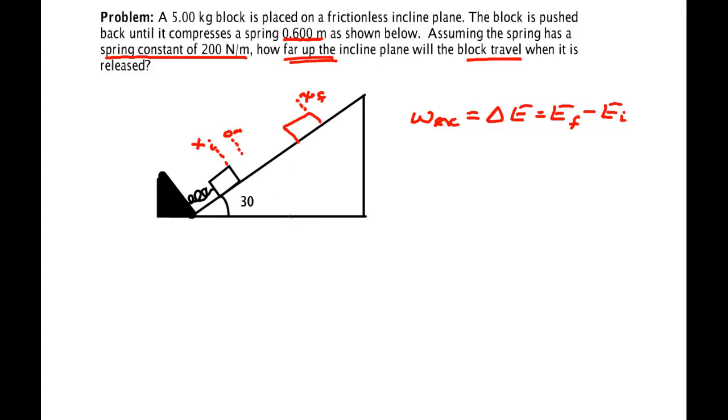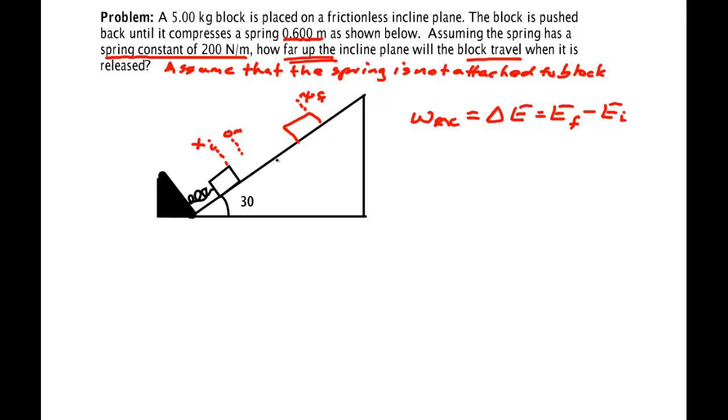Now, a couple of things to note. It doesn't say whether or not the spring stays attached. I will assume, and I know because I've seen the particular book where this was, that the spring is not attached to the block.